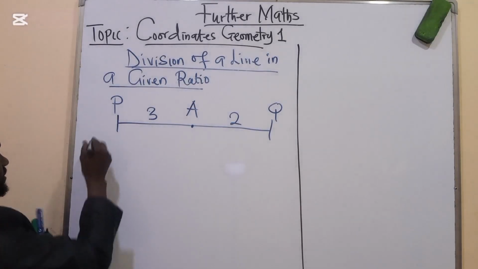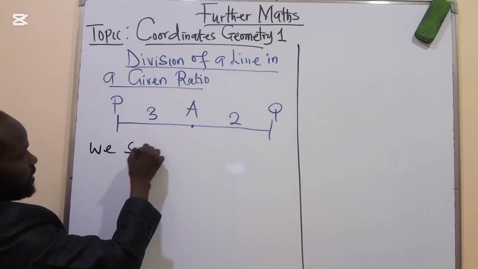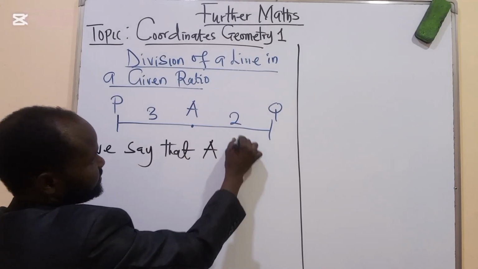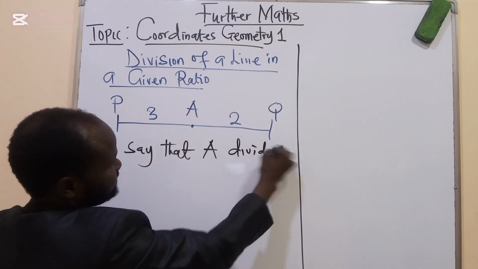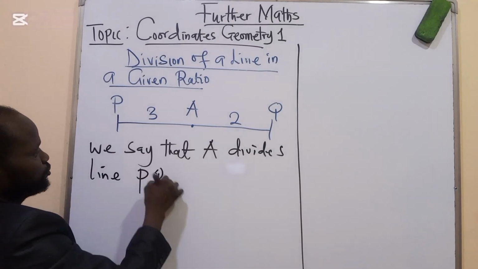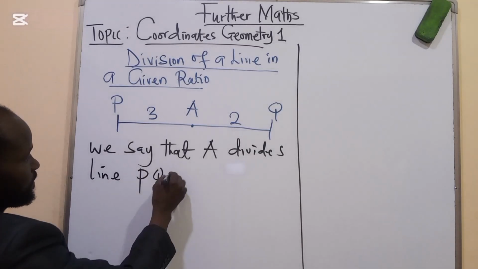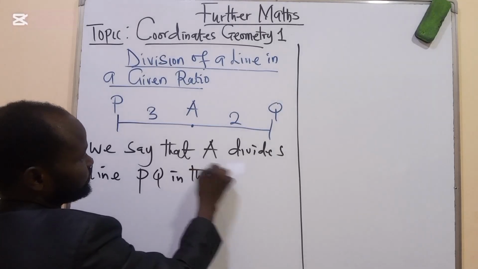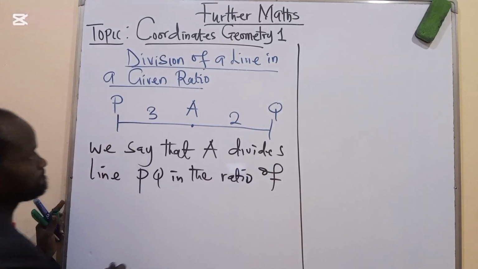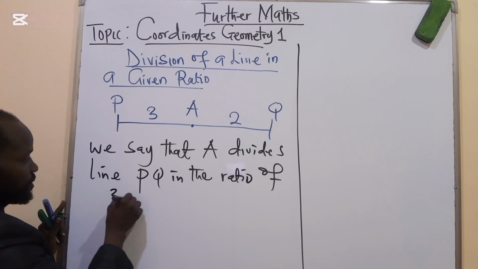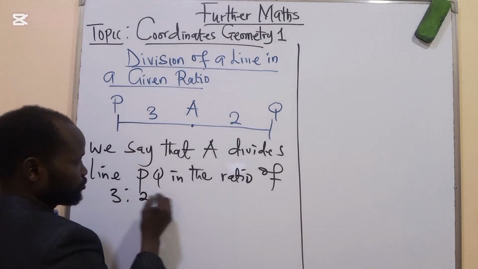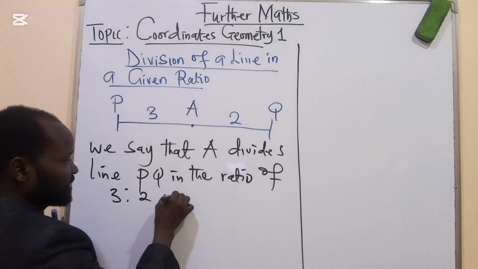So we say that A divides line PQ in the ratio of 3:2 internally.